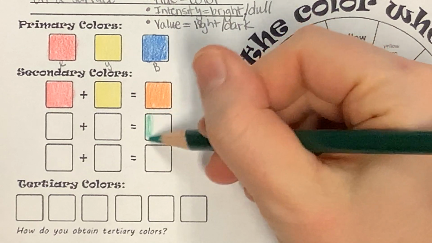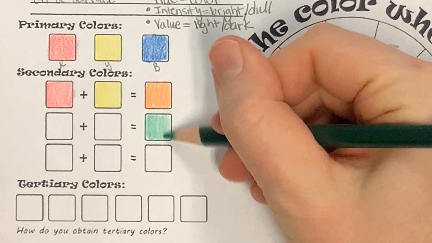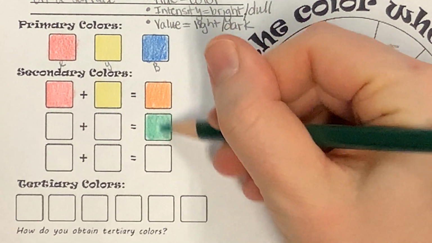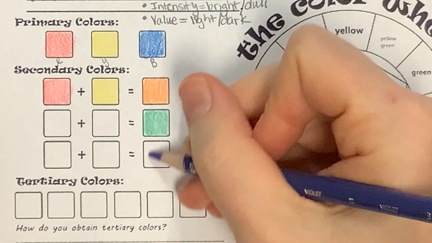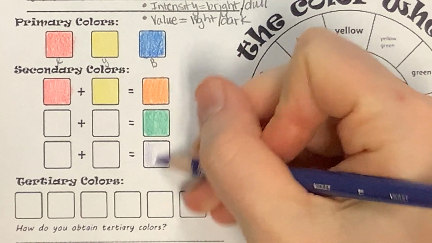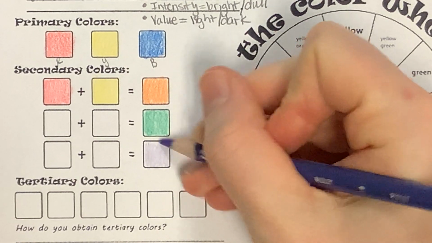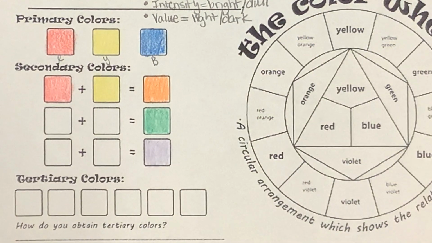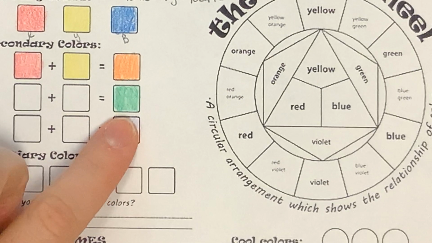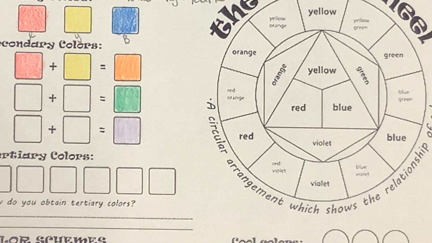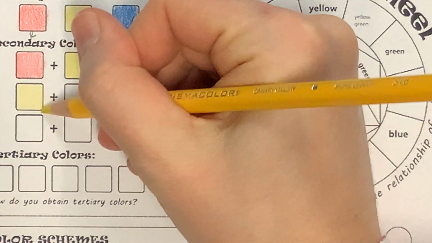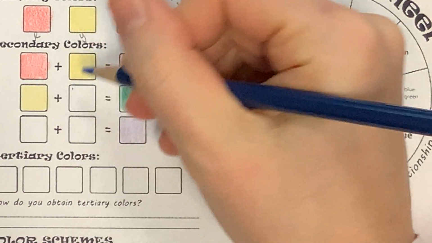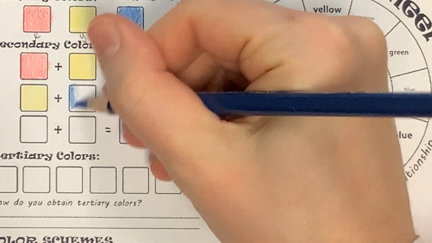So if I have green, now class we have to figure out what colors make green. It's going to be our yellow and blue. So I'm going to put yellow and then blue makes green.